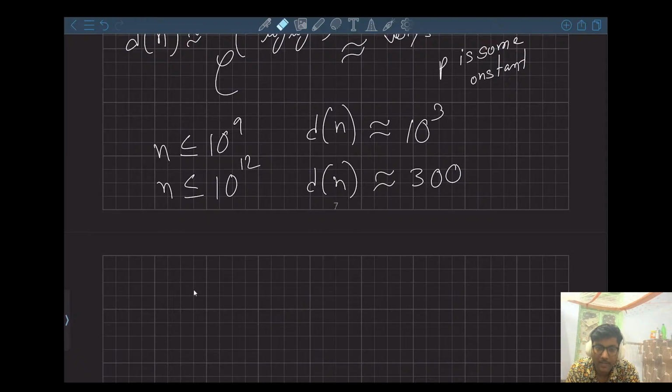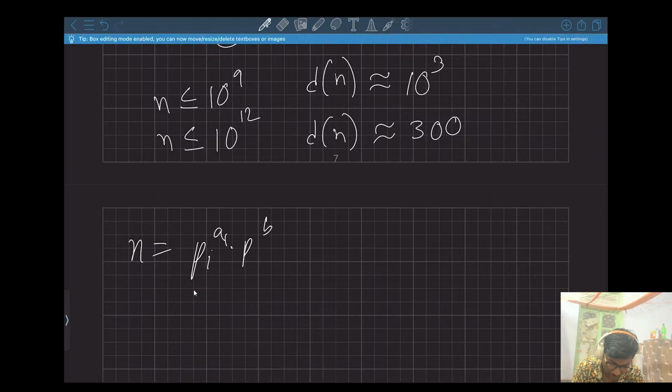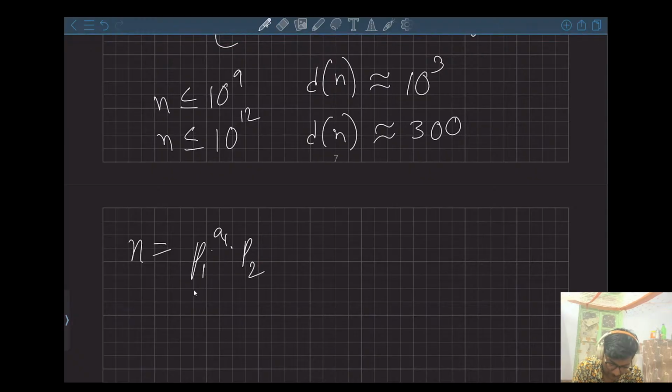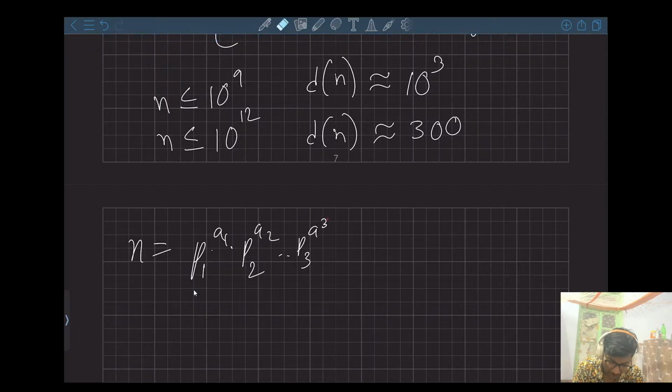I don't think you can do it directly, because first you have to mention that n equals p1 to the power A1, p2 to the power A2, p3 to the power A3, right?